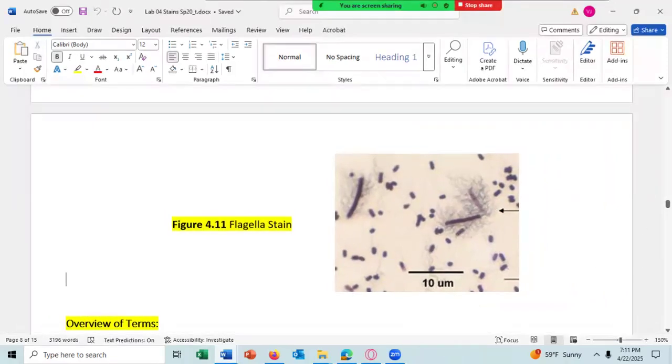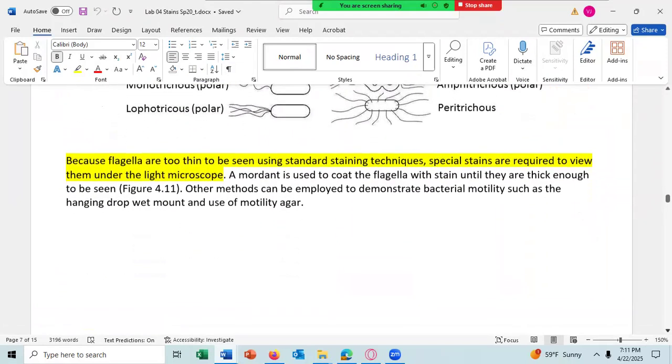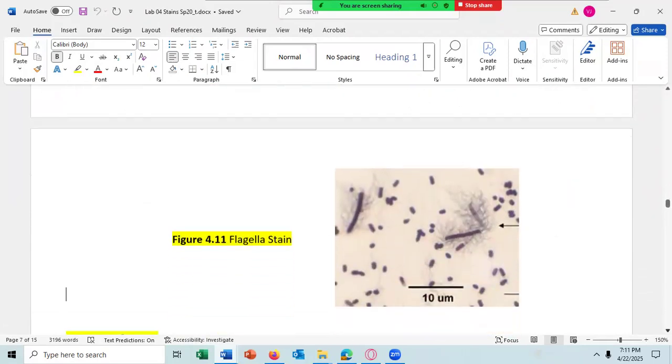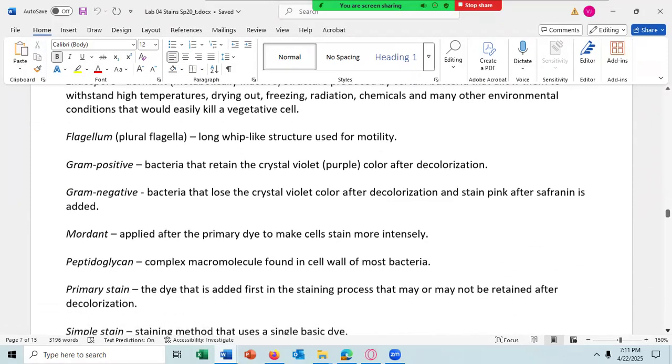So you would not call this peritrichous, amphitrichous, lophotrichous, and monotrichous, as well as no trichous. It's simply peritrichous. Any question about that? All right, you should know the terms of this lab.